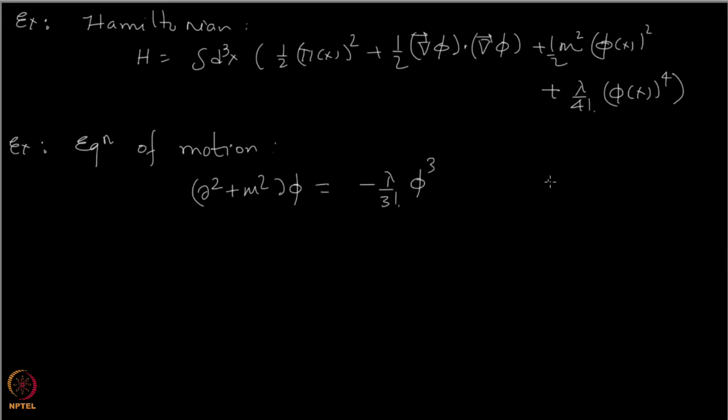Okay, where del square is just del mu del mu, which is the same as eta mu nu, or maybe let me put it this way, eta mu nu del mu del nu.